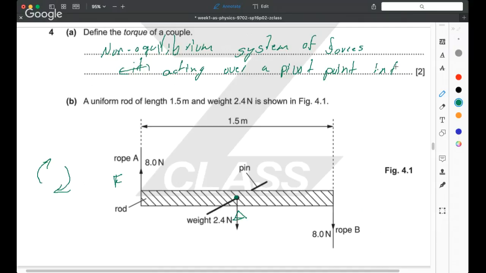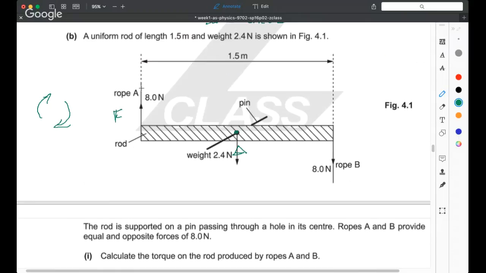And this is actually what they're asking you. This is a couple: one is going down, the other one up.